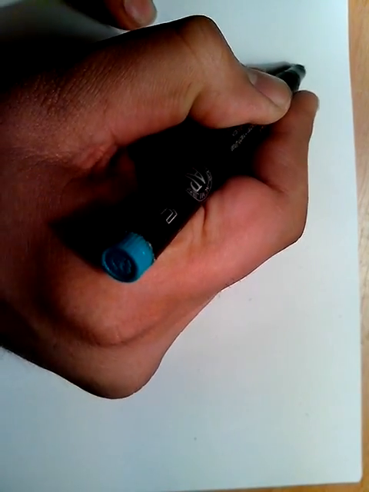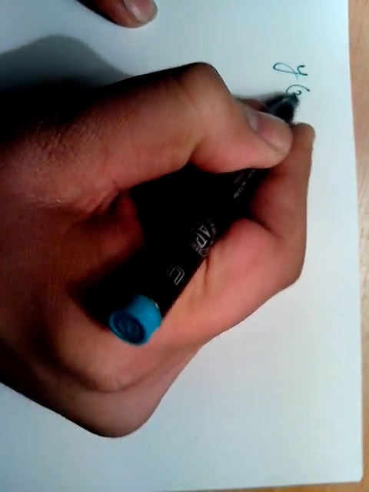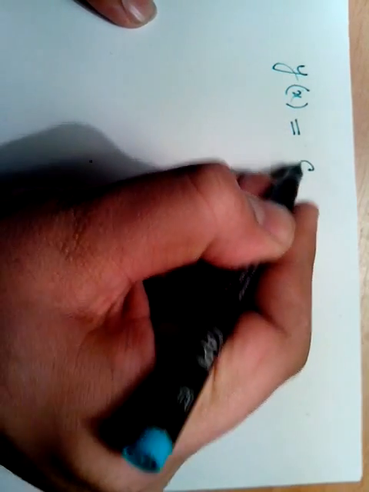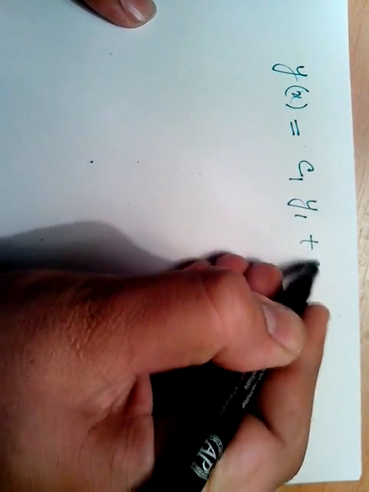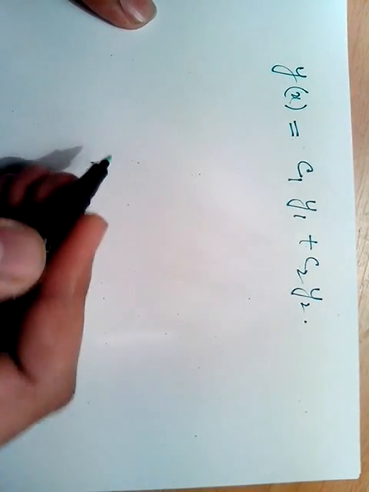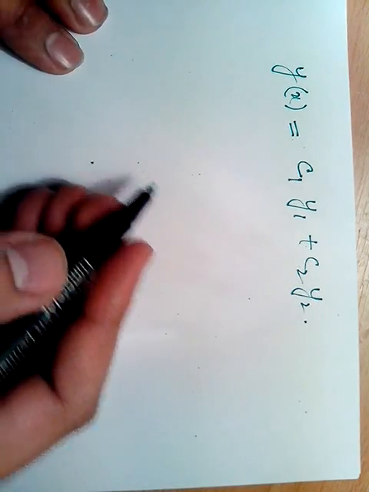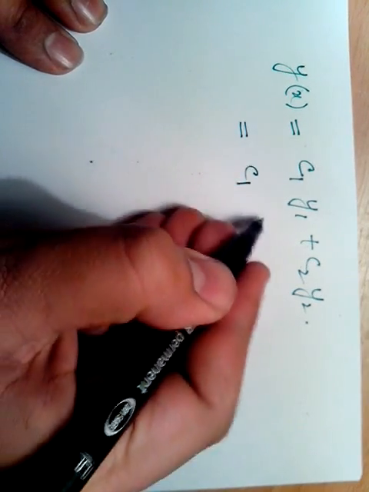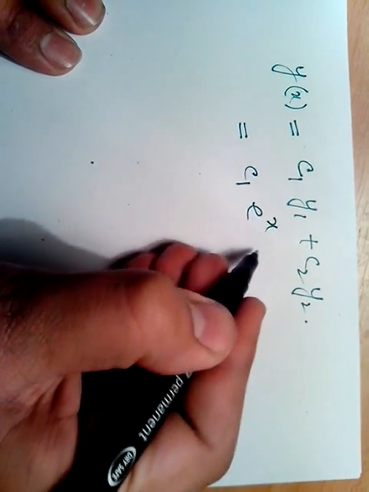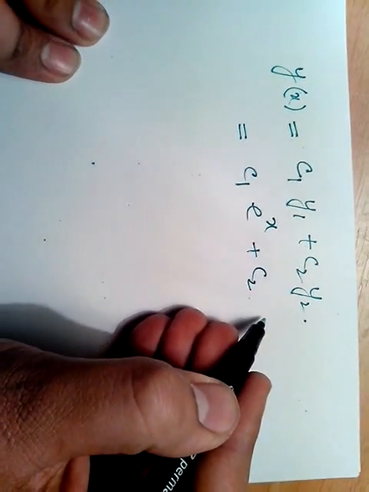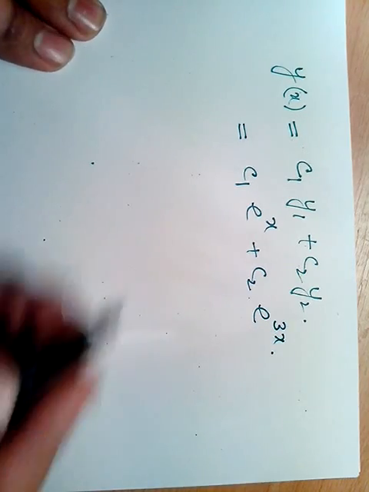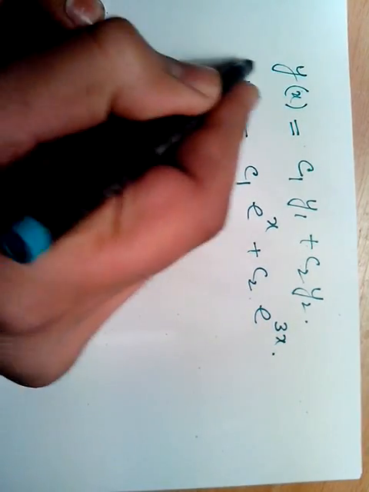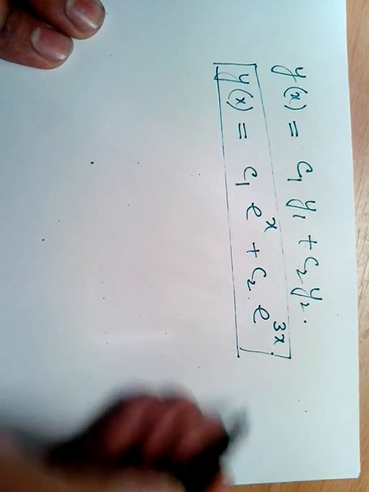So y of x equals c1 y1 plus c2 y2, where y1 is e raised to power x and y2 is e raised to power 3x. This is the solution for the homogeneous differential equation.